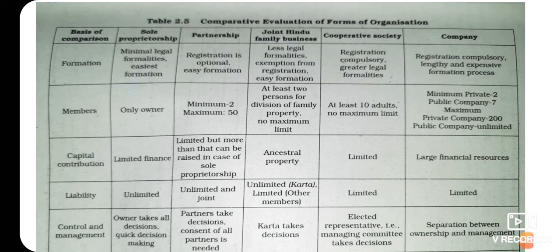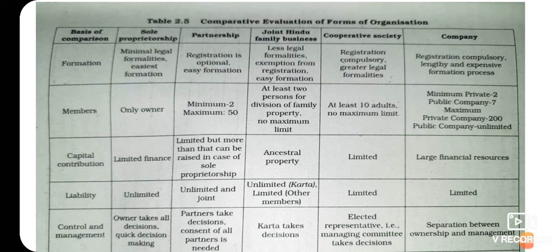Next, capital contribution. Sole proprietorship, limited finance. Partnership, limited, but more than that can be raised in sole proprietorship. Joint Hindu family business, capital is ancestral property. Cooperative society, limited capital. But the largest capital is in the company form, that is, the largest financial resources.